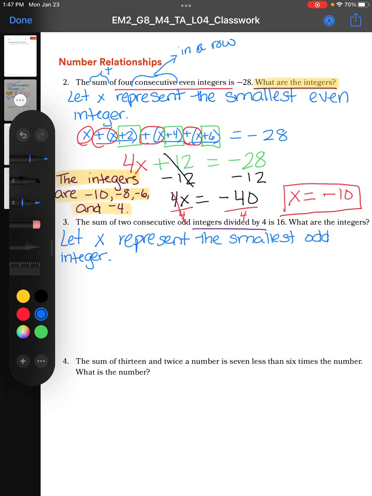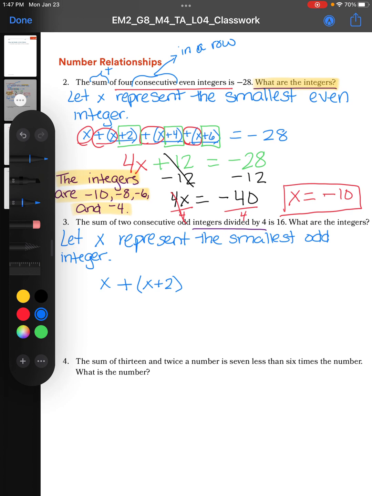So I have the sum, so now I'm going to add some things together, of two consecutive odd integers. So I have x plus an odd integer. Well, if x is 1, then I could have 3, right? It's still 2 more, which might seem a little strange because we think of 2, we think of an even number.